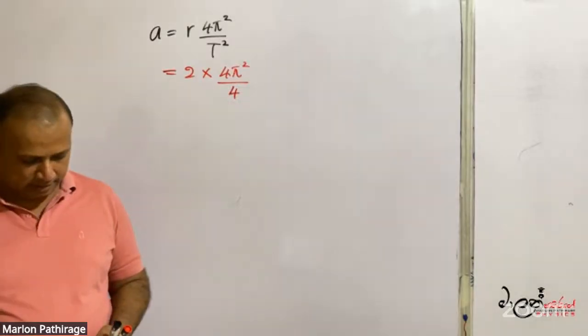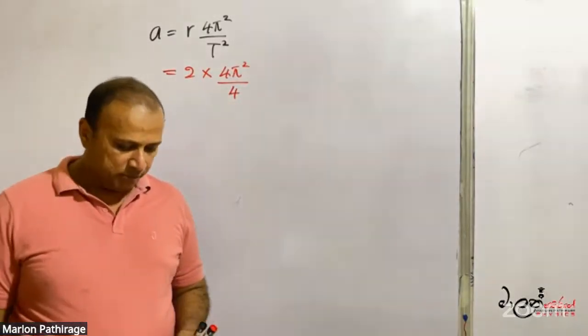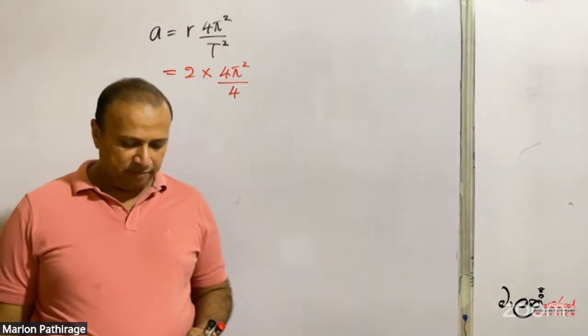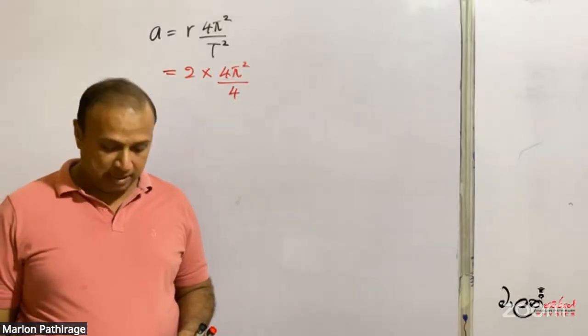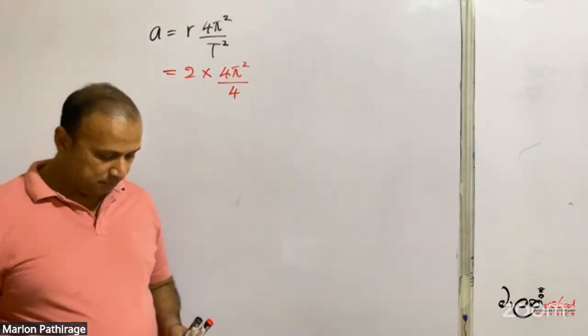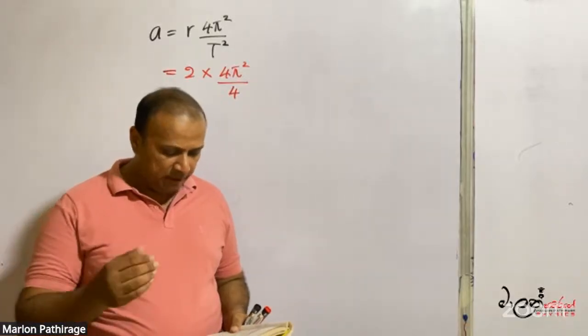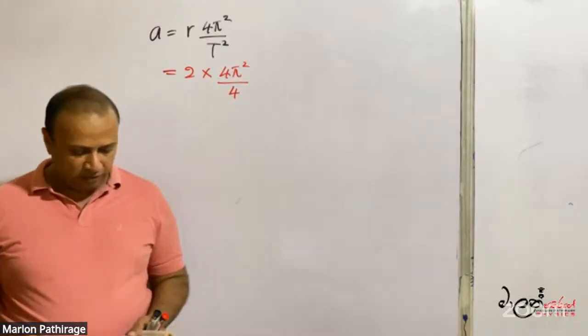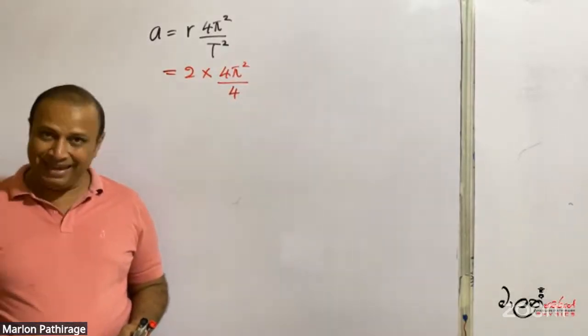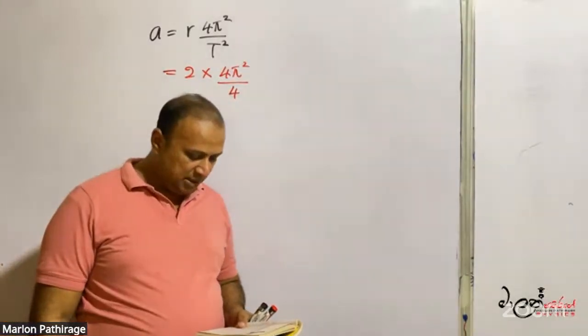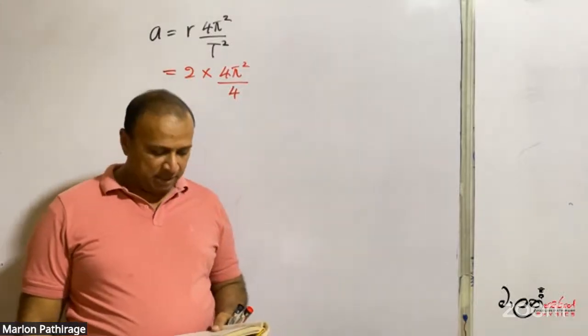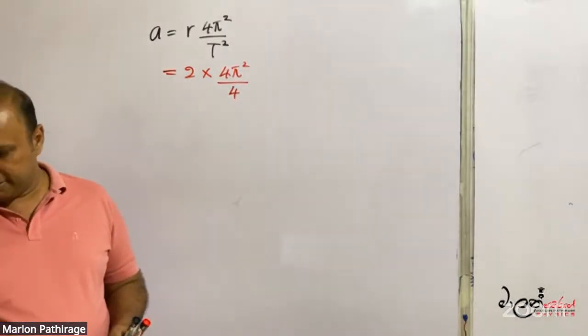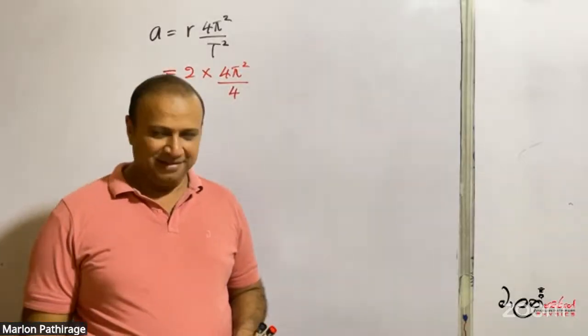Then, second part. Two particles A and B are moving in concentric circles, radii RA and RB, such that their periods of rotation are the same. The ratio between centripetal acceleration A divided by centripetal acceleration B. What is the answer?